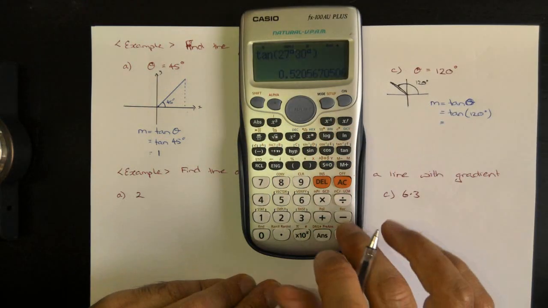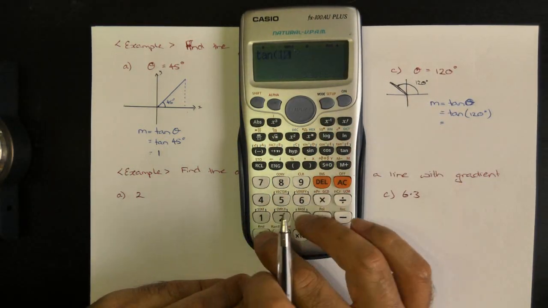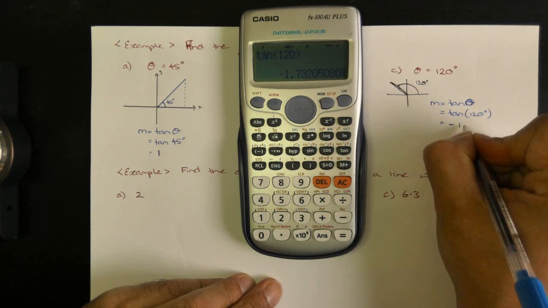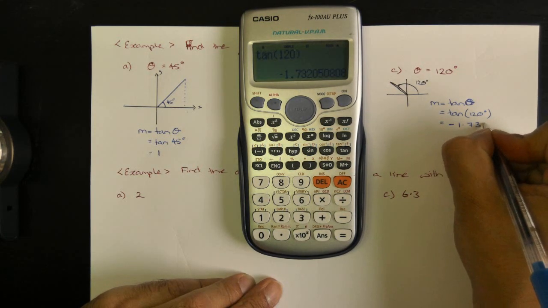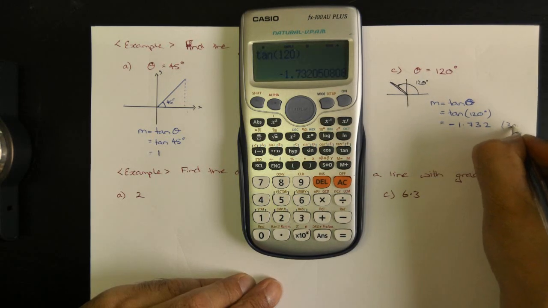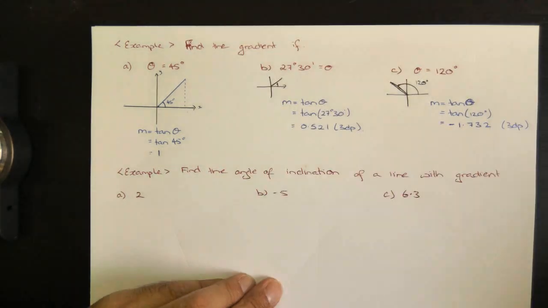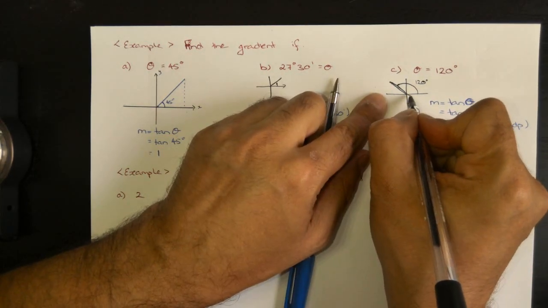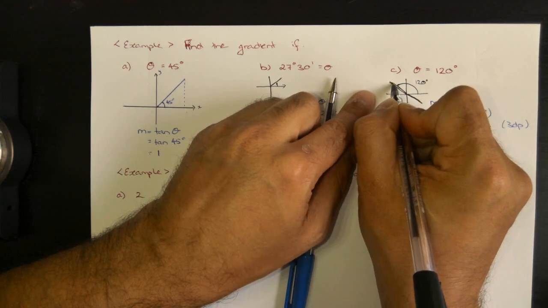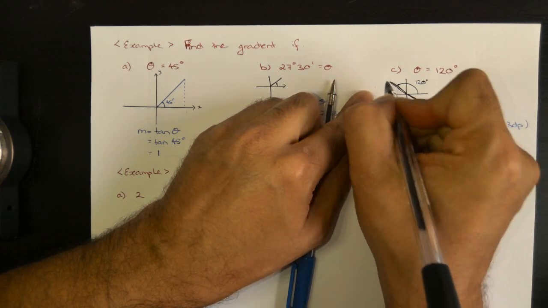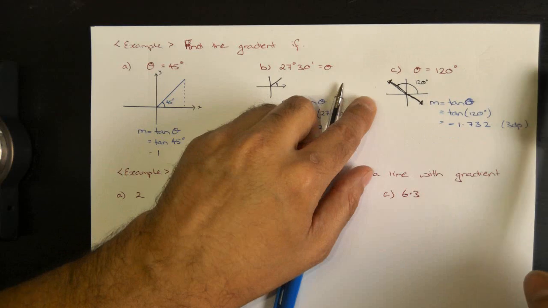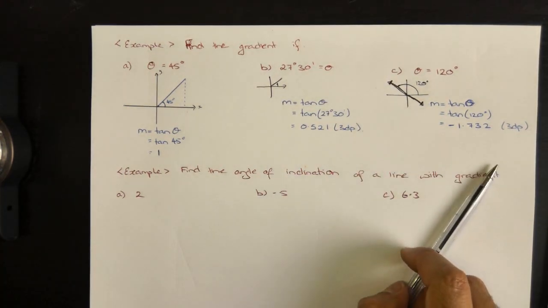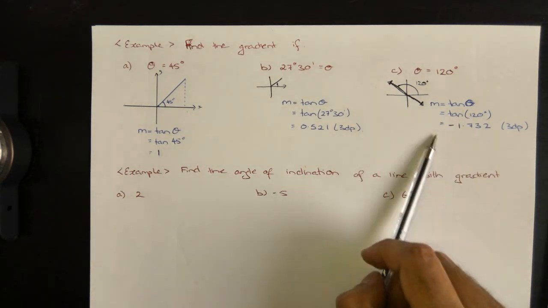So we've got tan 120 degrees, and we get negative 1.732 to 3 decimal places. And you can tell if we were to continue this line, we would definitely get a negative gradient. So we should expect a negative number.